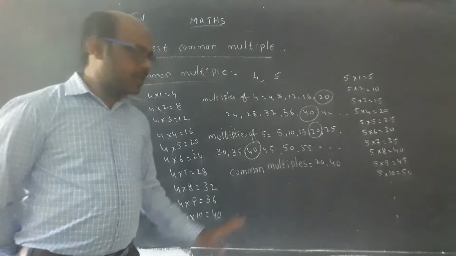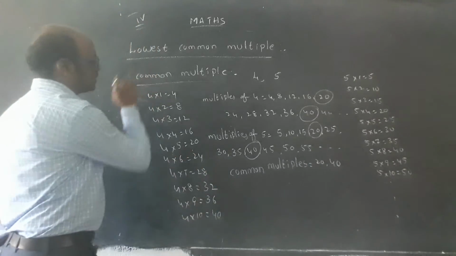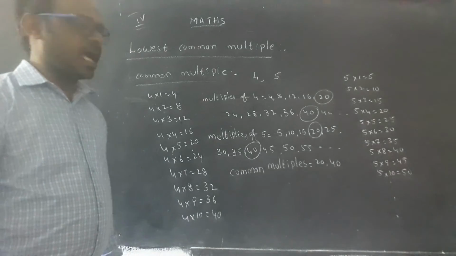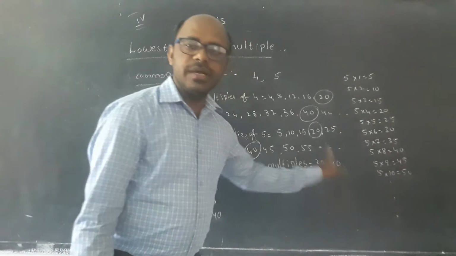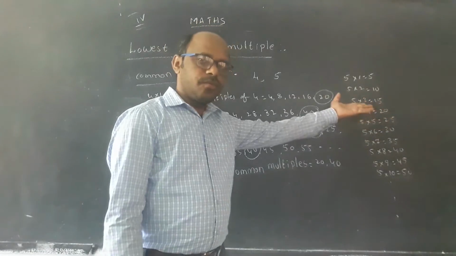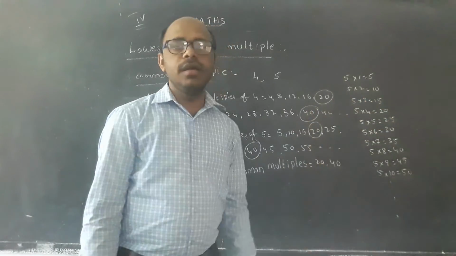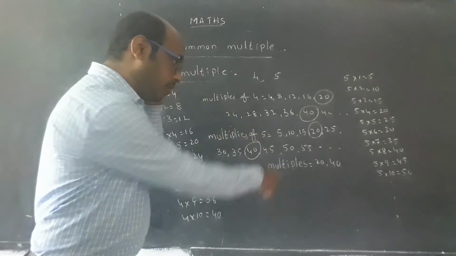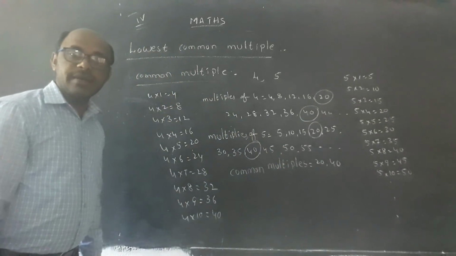Isn't it clear? Now, in this, lowest means lowest value. Which number has the lowest value in these two common multiples? More common multiples will come, but I wrote only two, which is sufficient. The least value is 20 or 40?